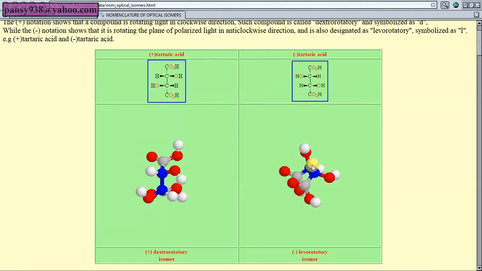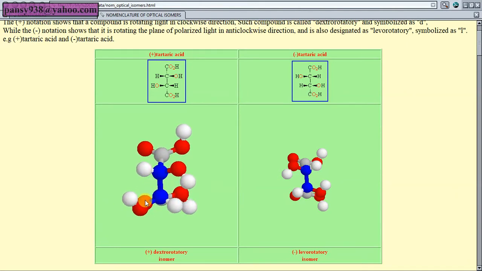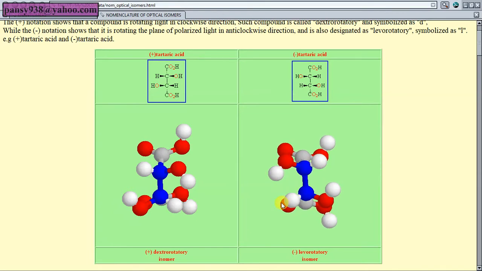You can see that in this case both isomers are mirror images of each other. Let me enlarge it a little.